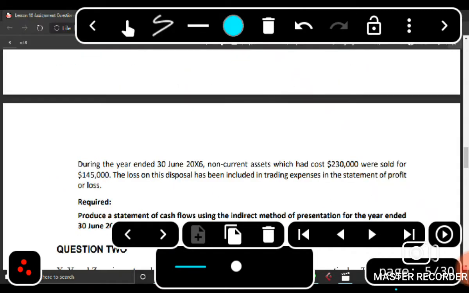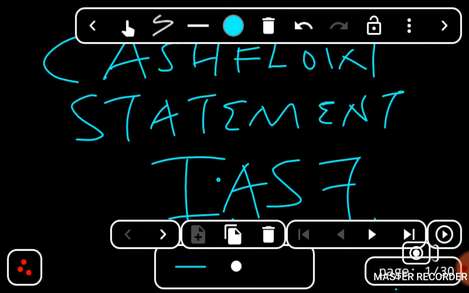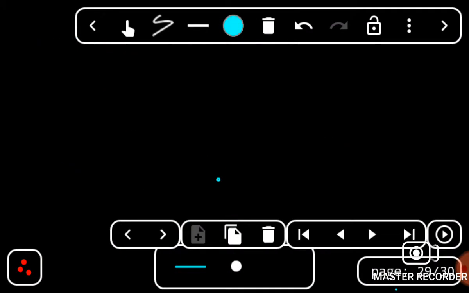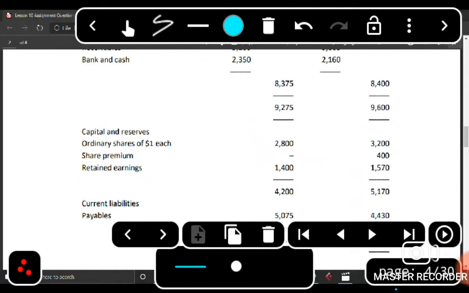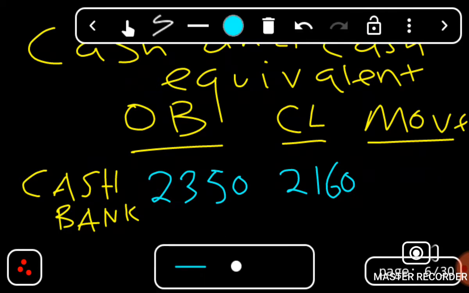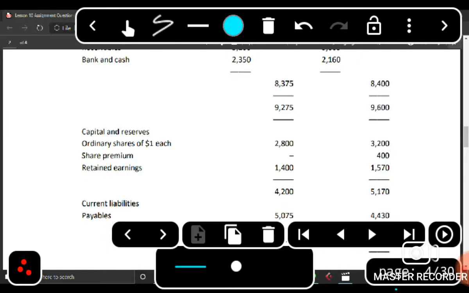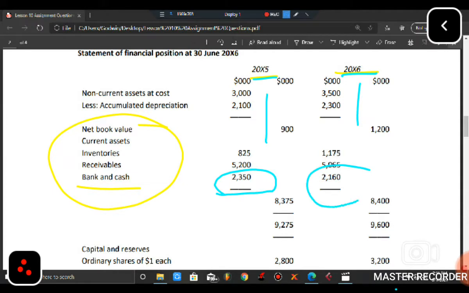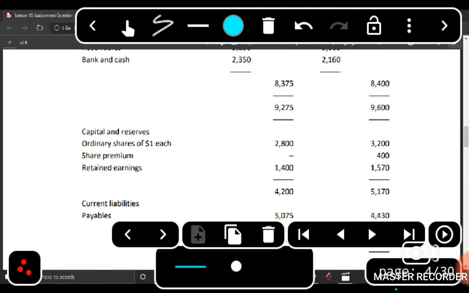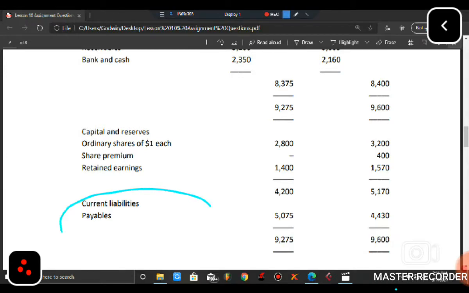So our opening balance was 2350 and our closing was 2160. If not mistaken, let me just check that again. Yeah, 2160. And where are you going to check for bank overdrafts? This part. And in this question, we didn't have bank overdraft.